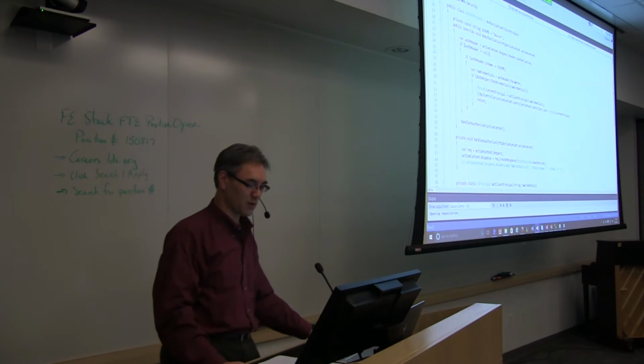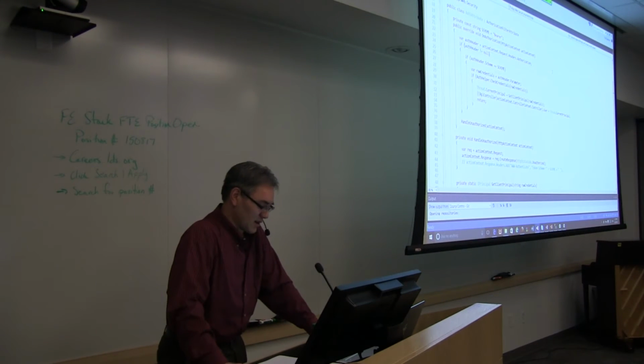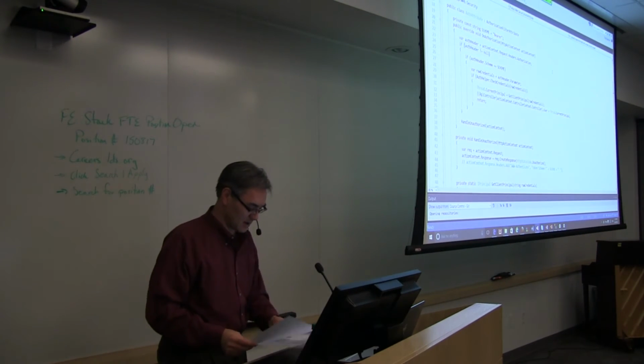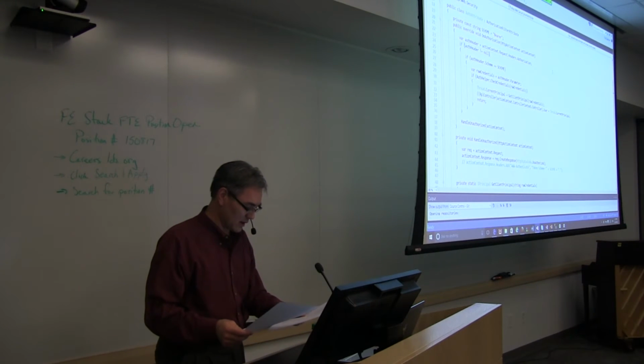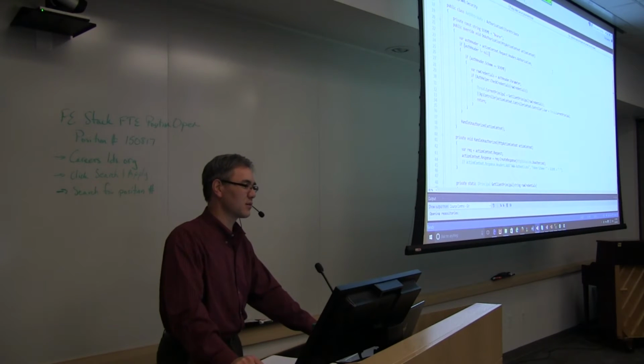I have some of that sample code we won't dig into today because our hour has come and gone already. Holy cow, it just flies by. But it'll be there in the project.